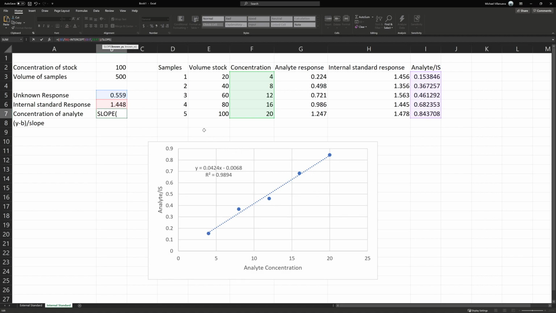Slope is known x's. Comma. There we go. I must have not included something. There we go. We use these formulas, and as a result, we have the concentration of our analyte. So this uses the internal standard method.